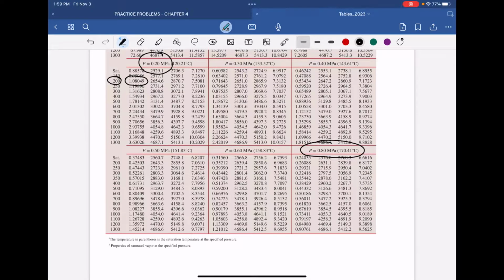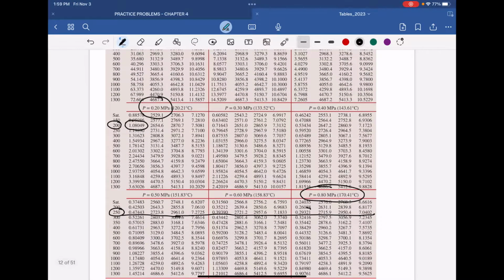We were also given the temperature at the second state. It was 250, so I locate that here and come to the correct line. Then we can read the specific volume to be 0.29321 meter cube per kilogram. Let's write it down.